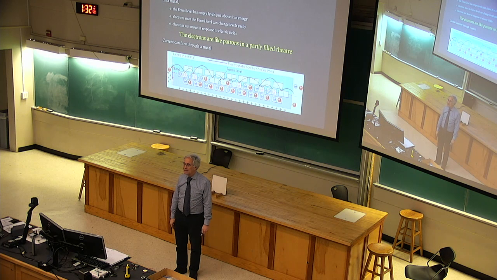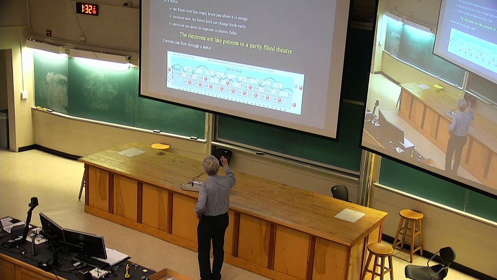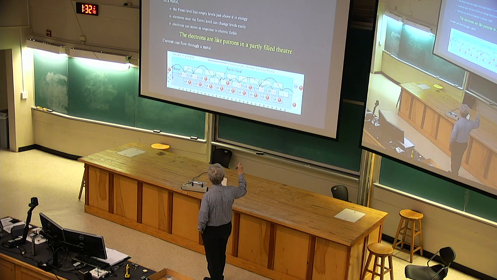Why? Because if the Fermi level is in the middle of a band, as it is here, I've pointed to it, it's right there. It's drawn as a horizontal line in my drawings and commonly like that. This is a weird drawing, and I should have told you long ago. This is space left to right, but it's energy vertically.